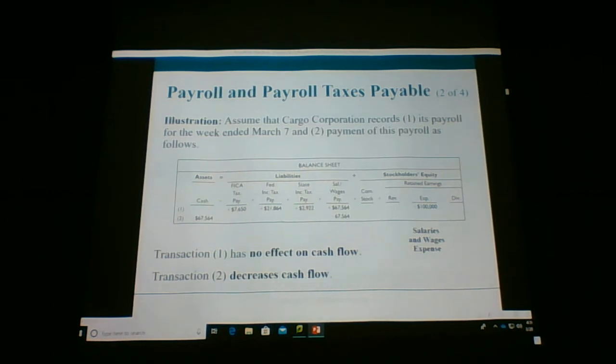As an employer at this point, we owe the state tax commission $2,922. We owe the U.S. Department of Treasury $21,864, and we owe the Social Security Administration via the U.S. Treasury another $7,650.